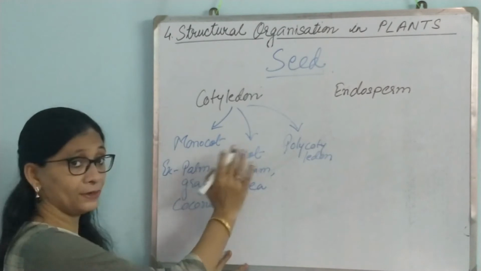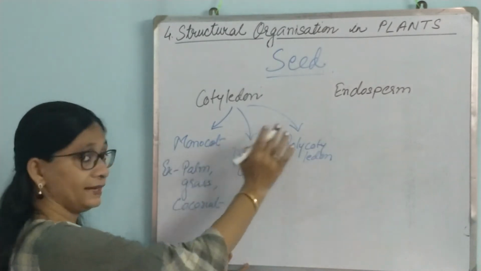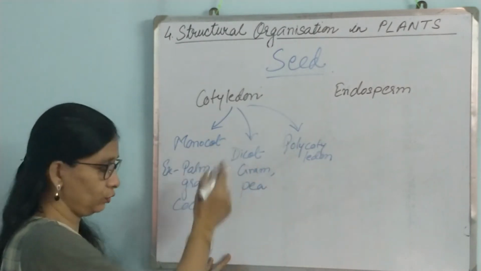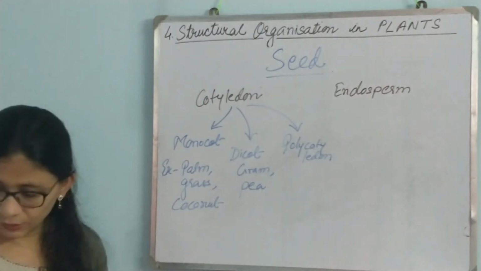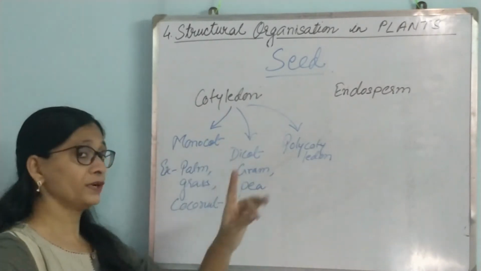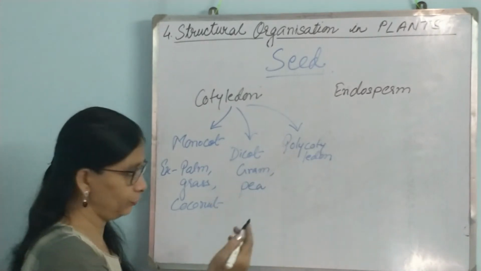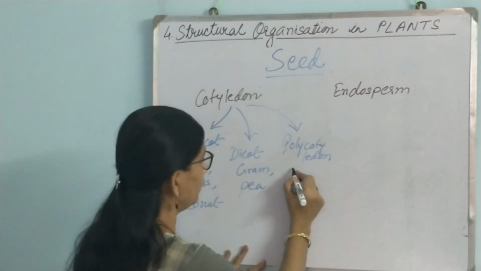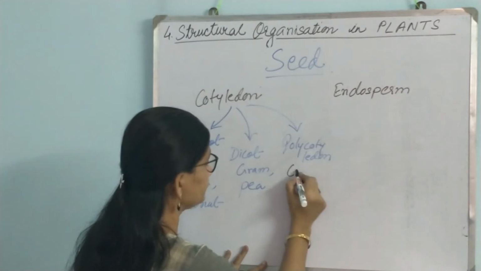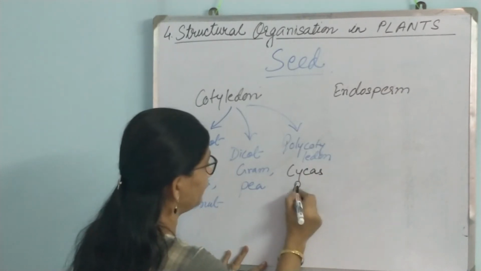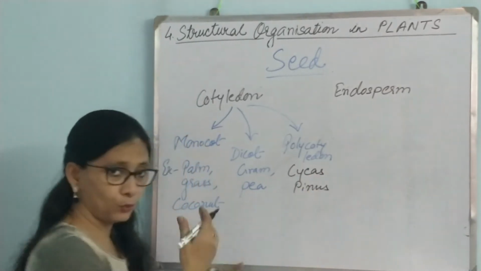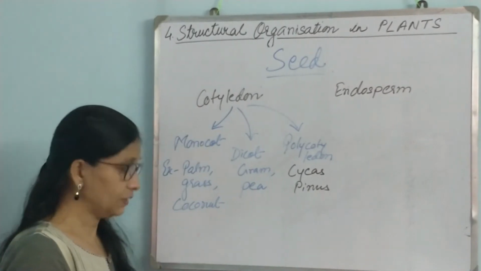The words will be monocotyledon, dicotyledon, polycotyledon; I am not writing the full words because of restraint of place. Some gymnosperms are polycotyledon, like cycas and pinus. They possess many leaves in the seed.